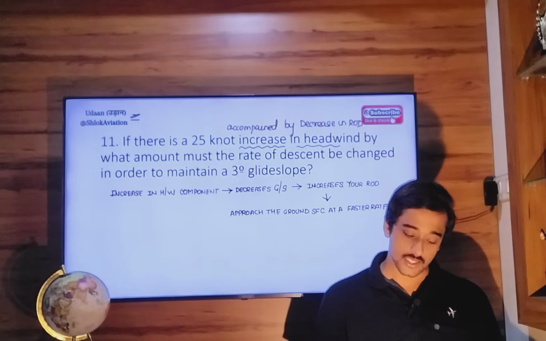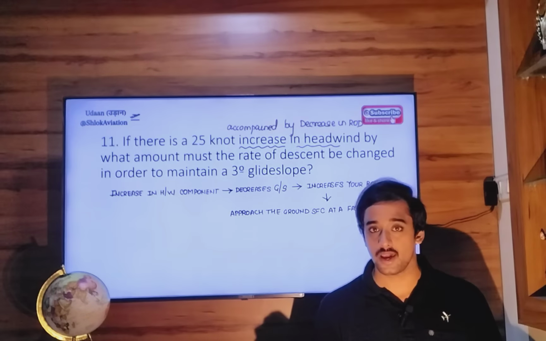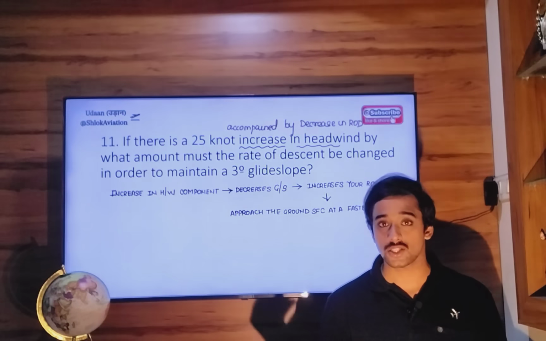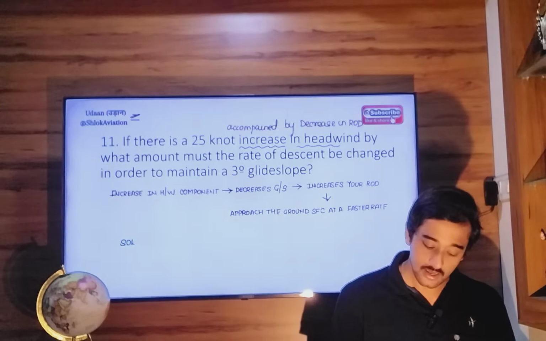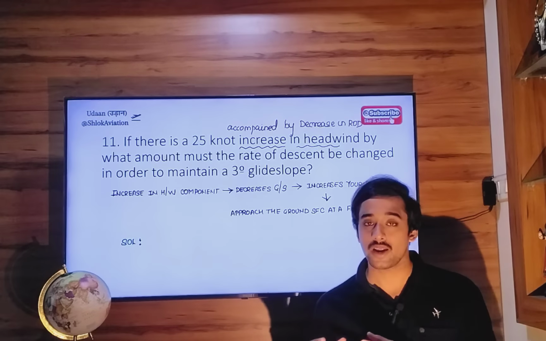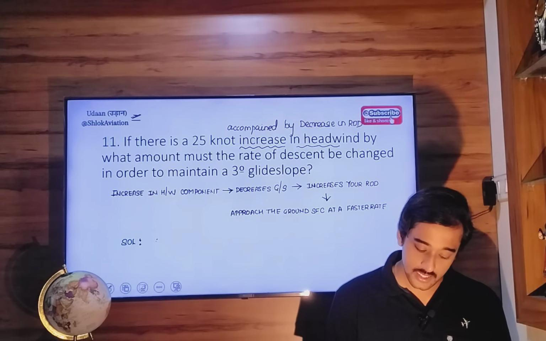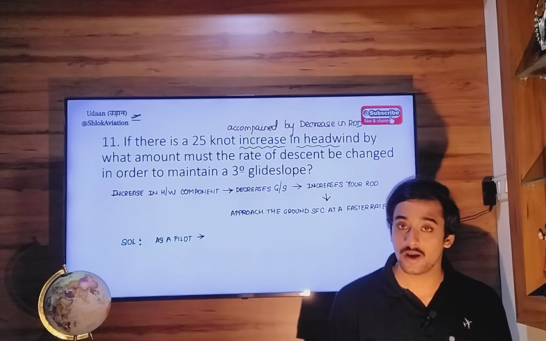Okay, next. So this is what happens. This is the problem or the challenge that we have just seen. What is the solution? If an increase in headwind component increases your rate of descent, as a pilot, you will stop that from happening.